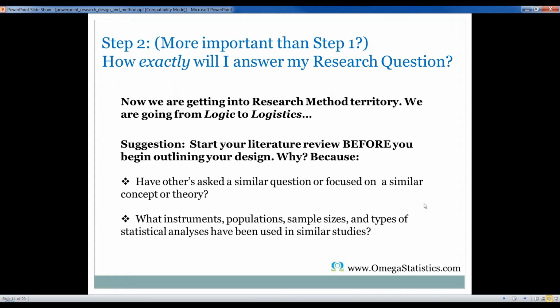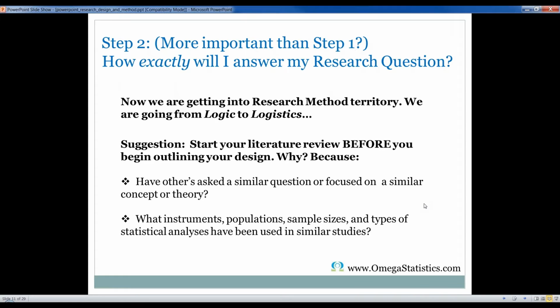So it's a good thing to have others ask that similar question. Have they focused on a similar concept or theory? If it's exactly the same as what you want to do, you might want to change it up a little bit. What instruments, populations, sample sizes, and types of statistical analysis have been used in similar studies?